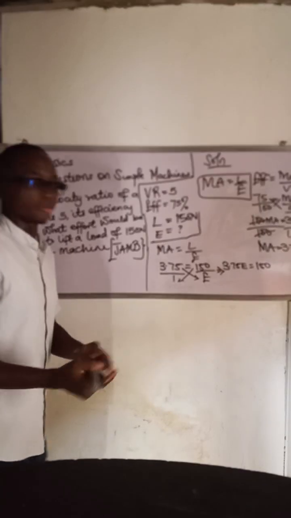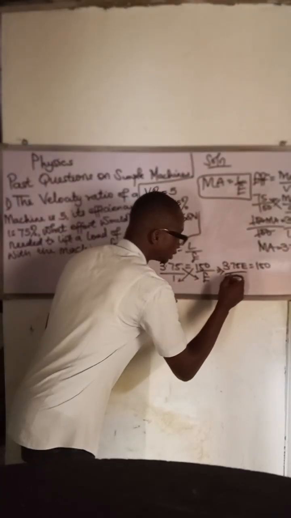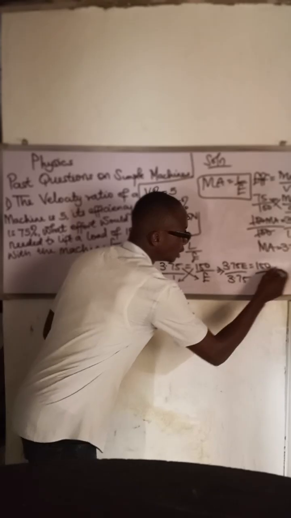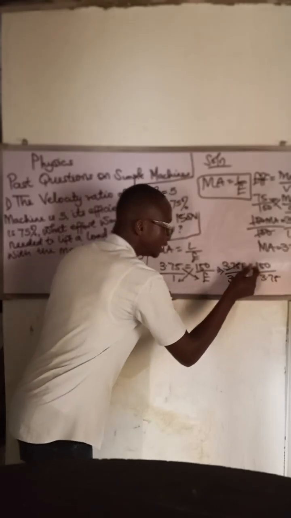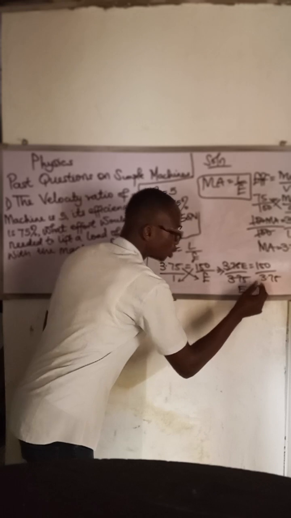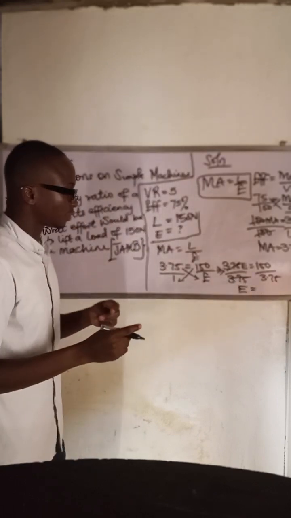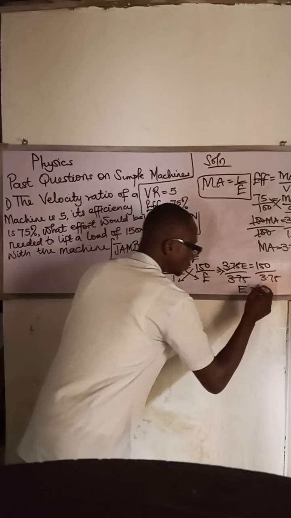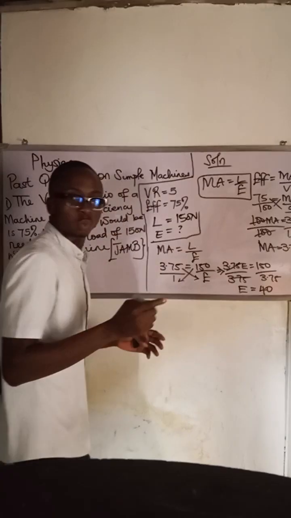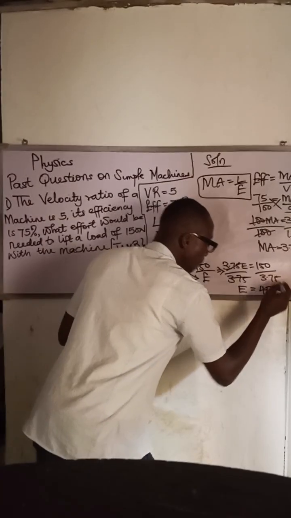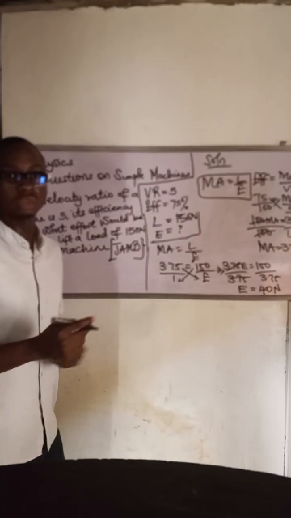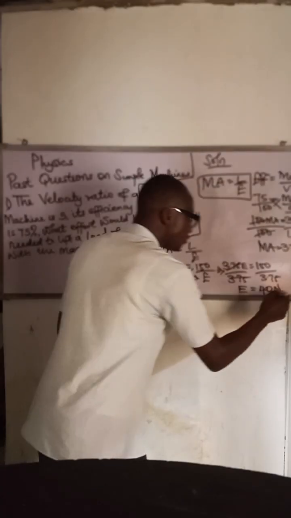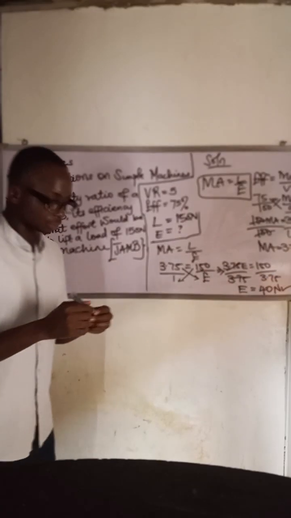Now simply, you just divide both sides by 3.75. This will cancel out this. The effort then is equal to 150 divided by 3.75, which is 40. 40 what? 40 Newton. Because effort is in Newton, just as load is also in Newton. So the effort then is 40 Newton.